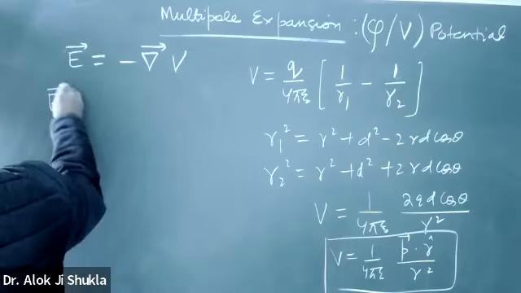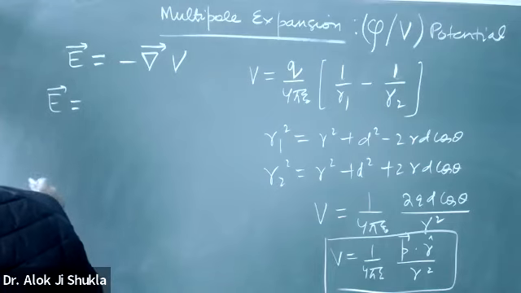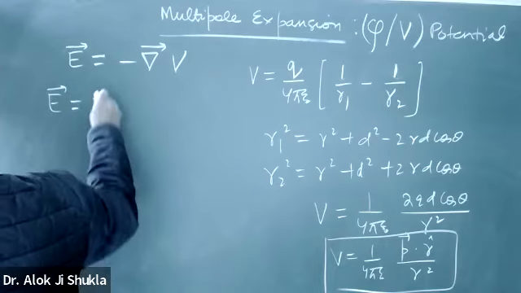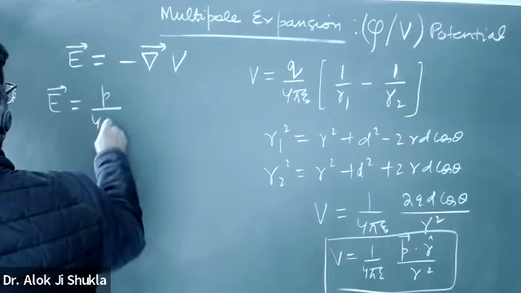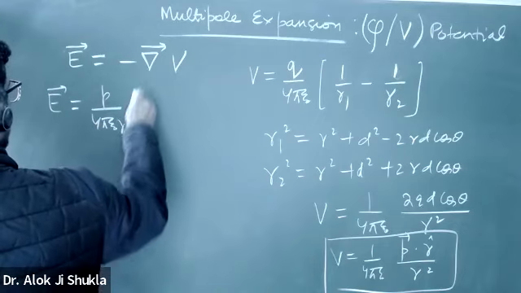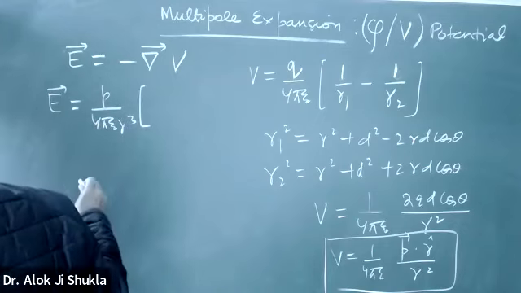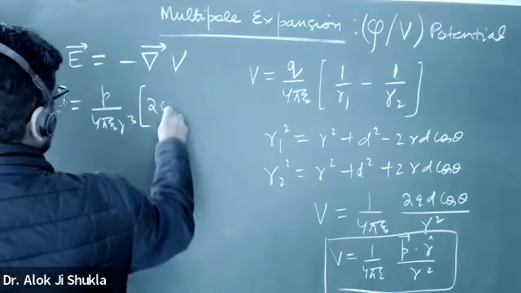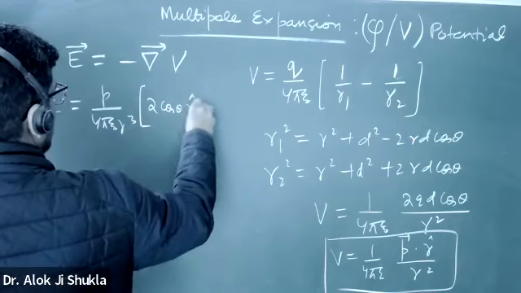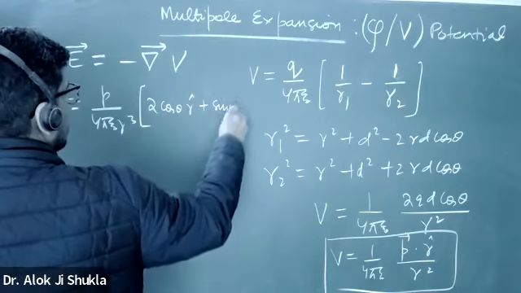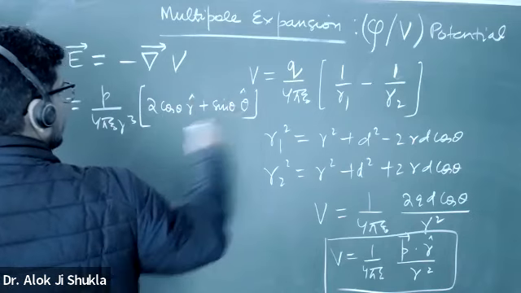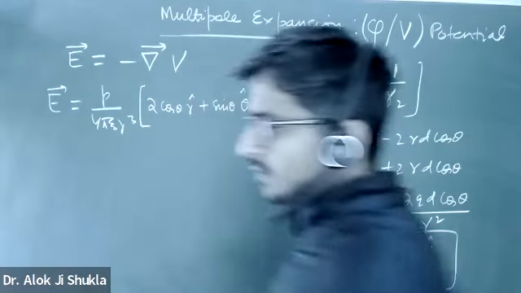So field, ये सबको याद रखना है. The field will come out to be P by 4 pi epsilon naught R cube into 2 cos theta R cap plus sin theta theta cap. This is the field of the dipole.